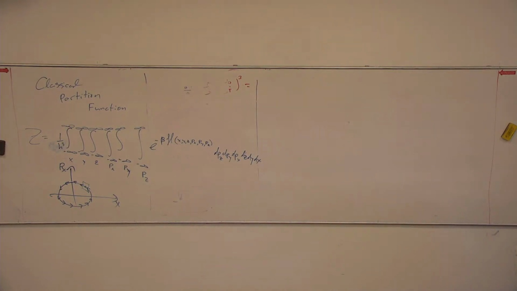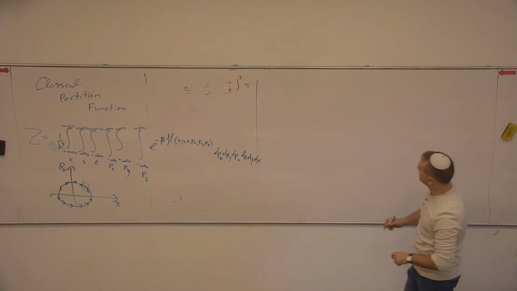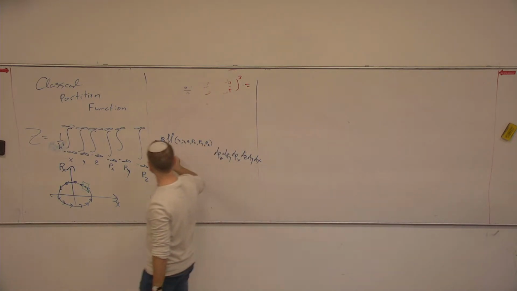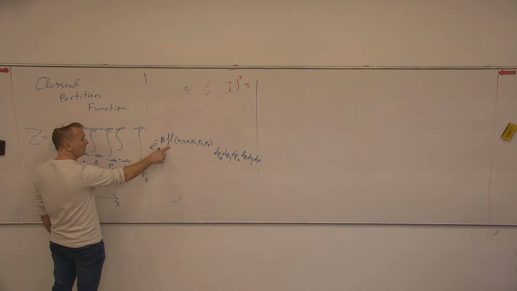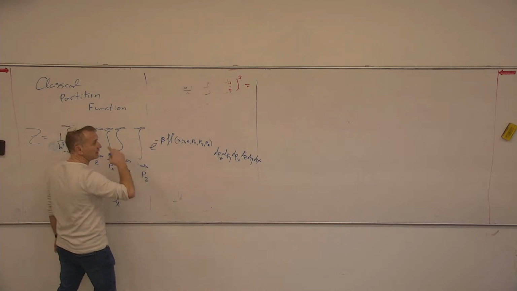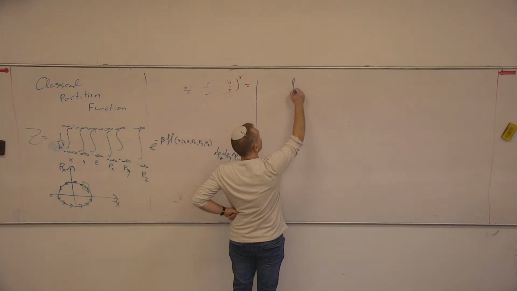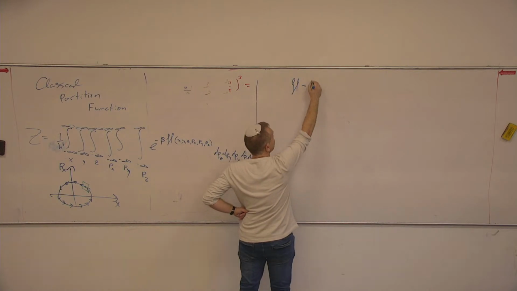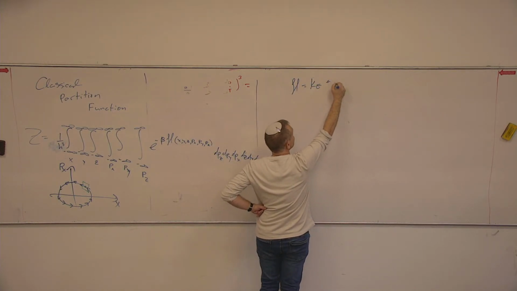Now, let me look at a specific way we treated this. So first of all, what is the perspective of the Hamiltonian? How does the Hamiltonian look? The kinetic energy plus potential energy, right?